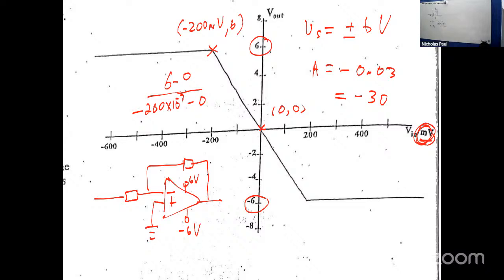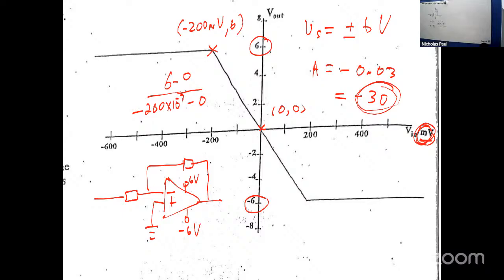Right? What's missing? Reese, what's missing there from that circuit? The resistance. Right? And the resistance values, when you work it out, have to give minus 30.